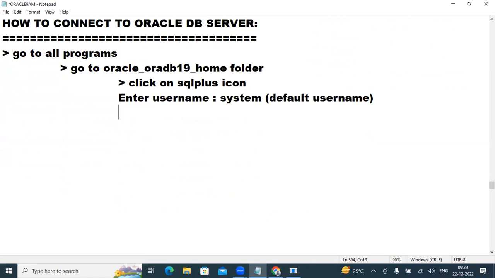And the password is whatever we created at the time of installation. My password is tiger. If you connect successfully, there is no problem. If you're not connected, we need to make some adjustments. But observe one point here: of username and password, the username is not case sensitive, but the password is case sensitive.